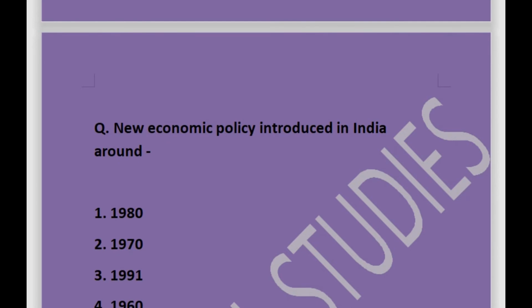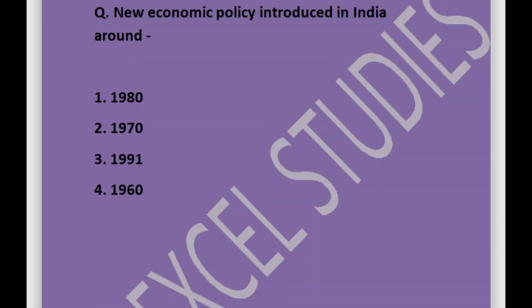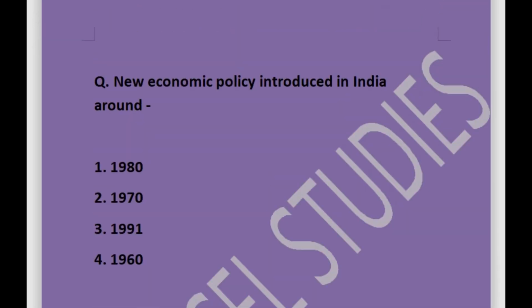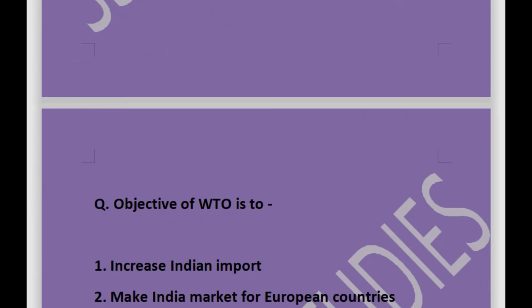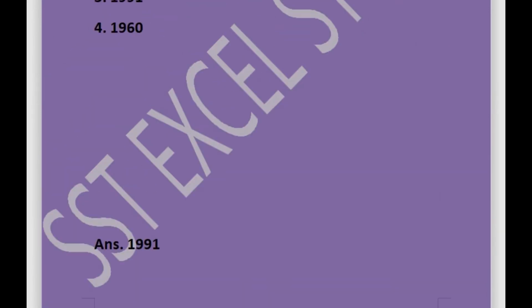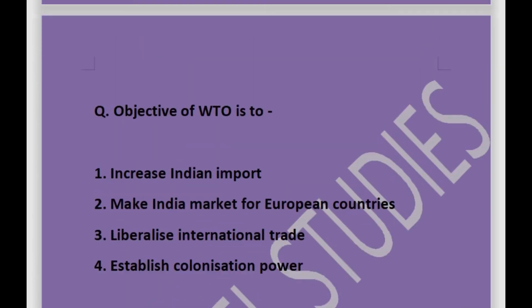Next question is: new economic policy was introduced in India around? Options are 1980, 1970, 1991 or 1960. Answer is 1991. Next question is: objective of WTO is to?